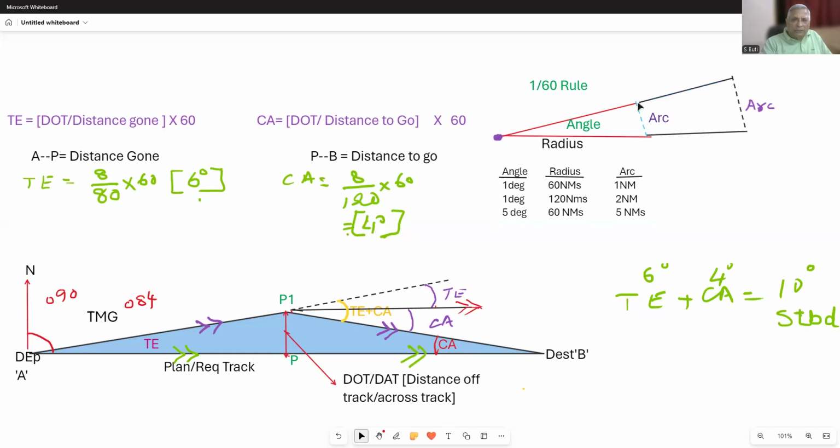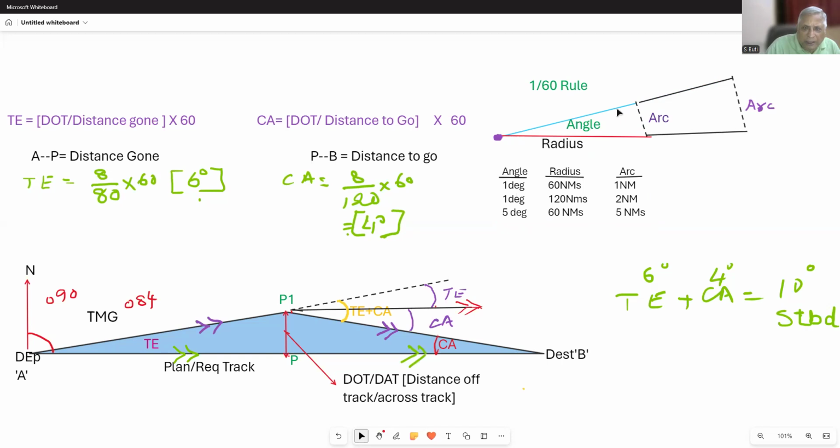If this arc is 5 nautical miles and this radius is 60, then this angle will be 5 degrees. That means the arc, radius, and the angle are interrelated. In navigation, we take one of the sides as the track required, the other side as the track made good.